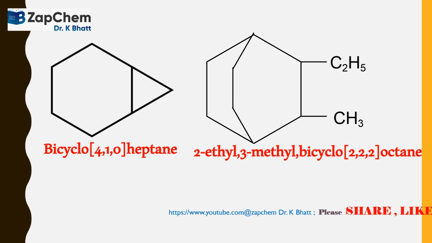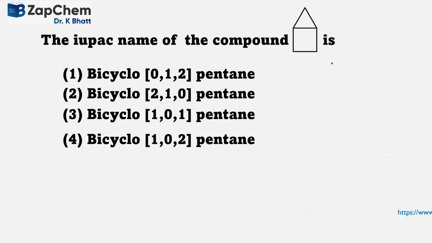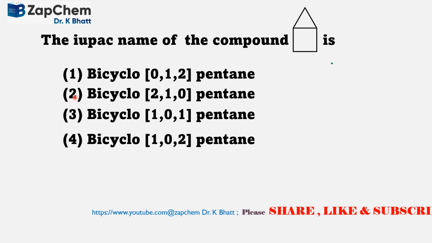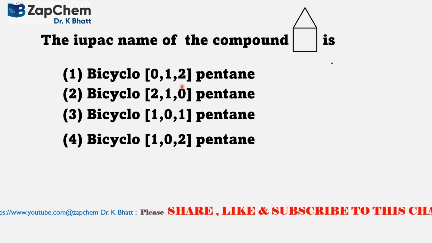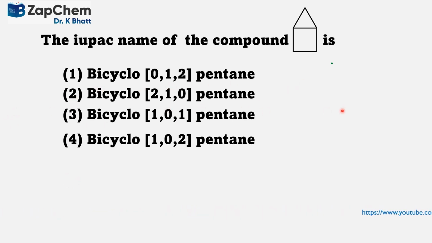Now let us take up a PYQ here. The IUPAC name of the compound, of course this structure is given, 4 options are there: bicyclo 0,1,2 pentane, bicyclo 2,1,0 pentane, bicyclo 1,0,1 pentane, bicyclo 1,0,2 pentane.